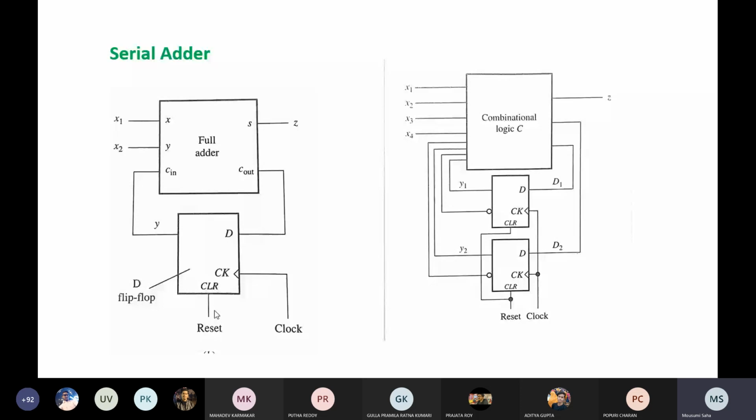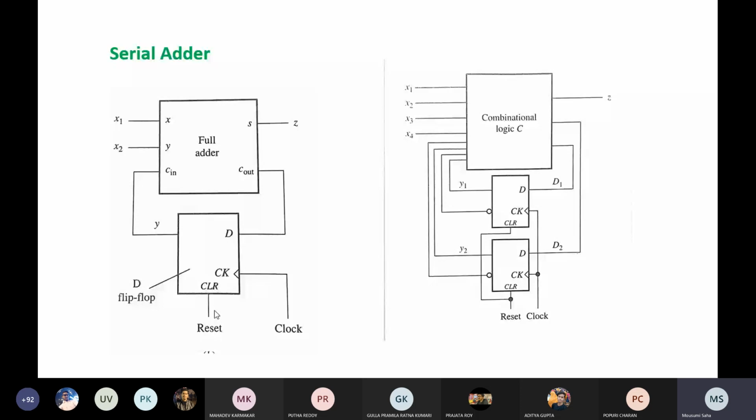Now if you want to find the Boolean expression from this truth table, which has 6 input lines and 3 output lines, it will come around 53. Not 53, 52 plus 1: 52 AND expressions, and 1 is the OR expression. So ultimately 53 AND and OR gates you need.